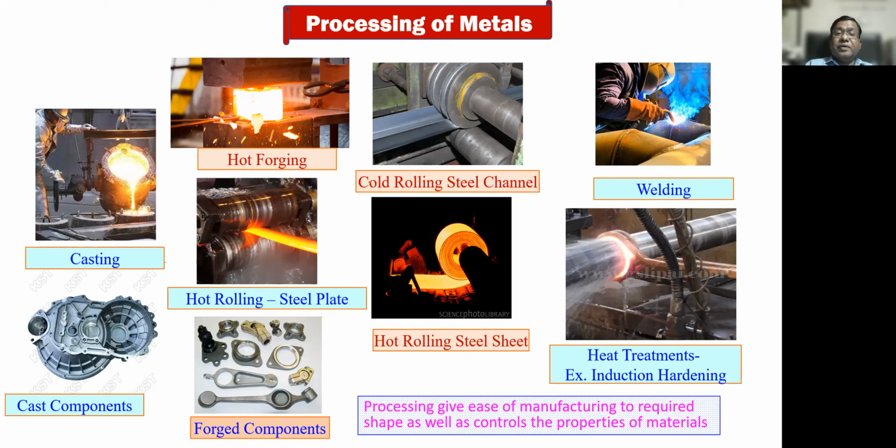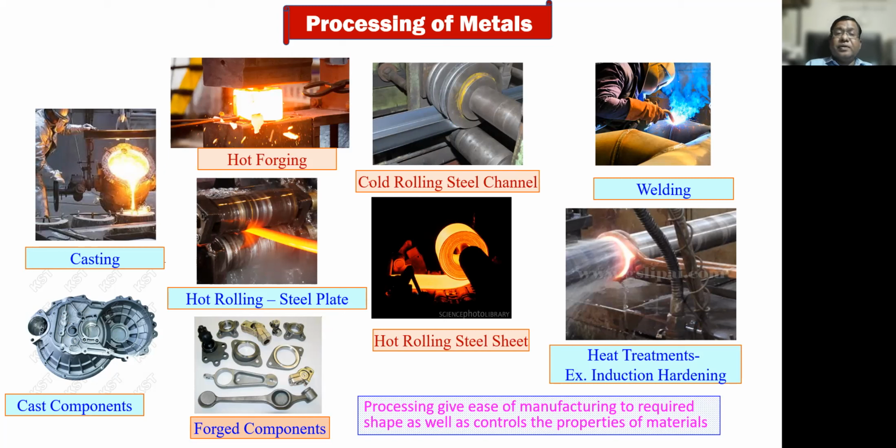Suppose there is a complex shape, so we cannot make a forging, or we have to weld. If it has to be one part, then casting. If we can accommodate the brittleness, then casting has to be used. So processing gives ease of manufacturing the required shape as well as control of properties of the material.